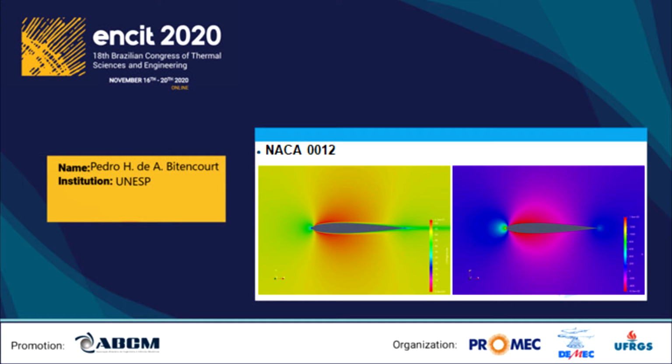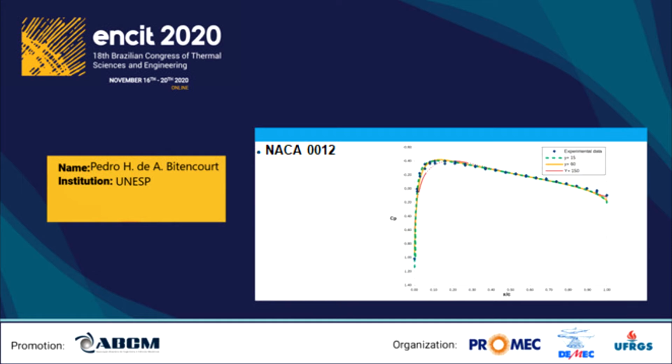For the numerical results, the figure on the left presents the velocity fields obtained for NACA 0012, while the right figure presents the results for the pressure fields. As you can see, the graphic demonstrates the comparison of the pressure coefficient between the numerical analysis and the experimental data provided by Jaspers.